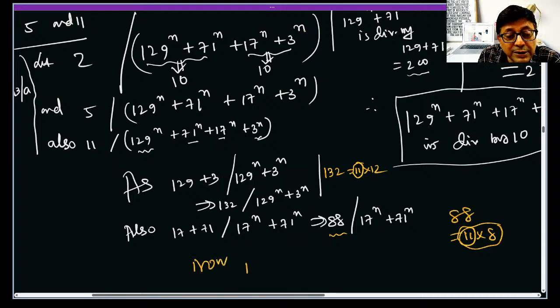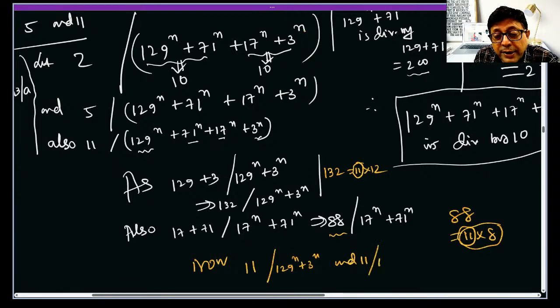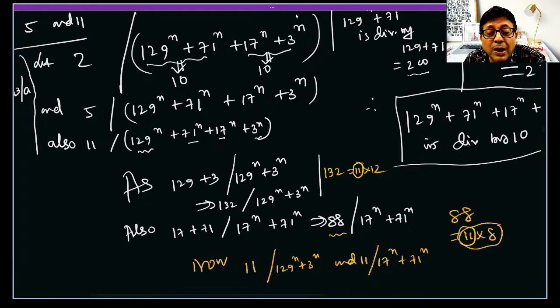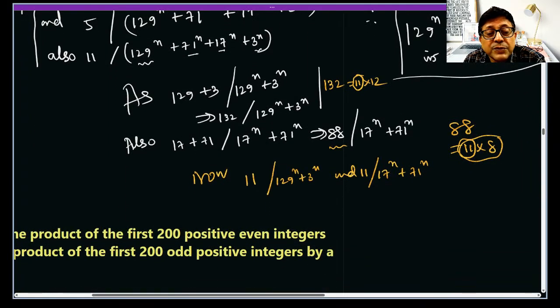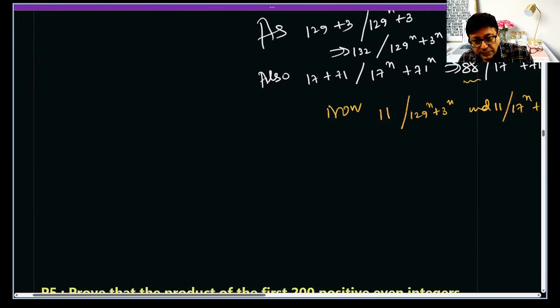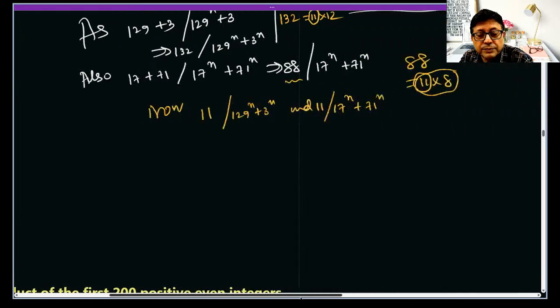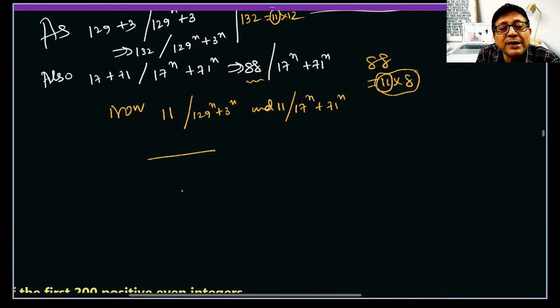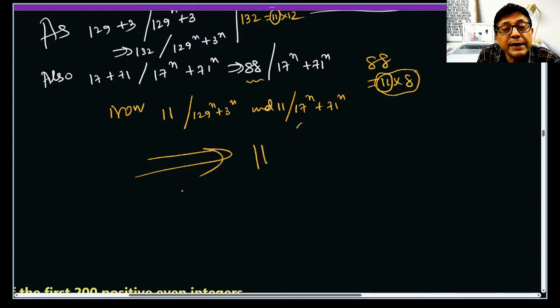So if we say that 11 divides 129 to the power n plus 3 to the power n and 11 divides 17 to the power n plus 71 to the power n, this implies that 11 divides their sum.